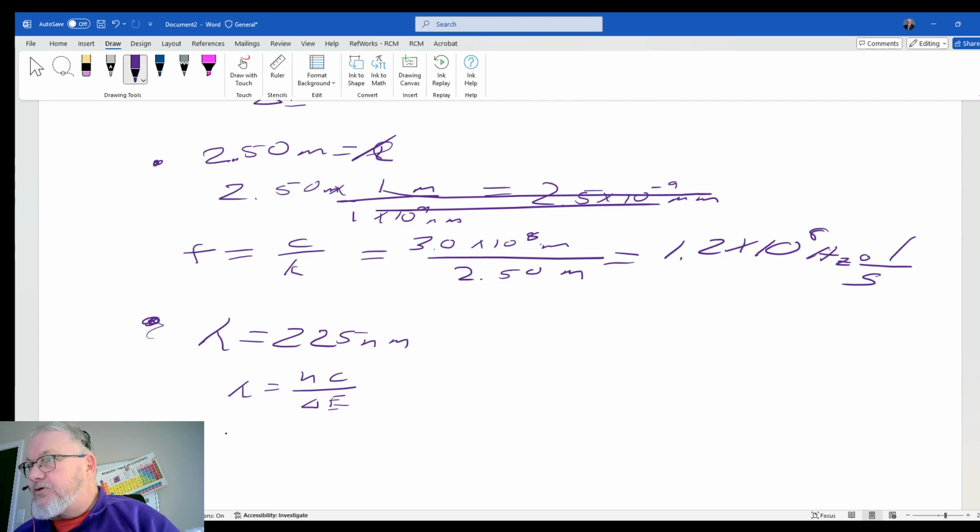So I'm going to use my algebra and I'm going to make this delta E equal to hc over lambda.